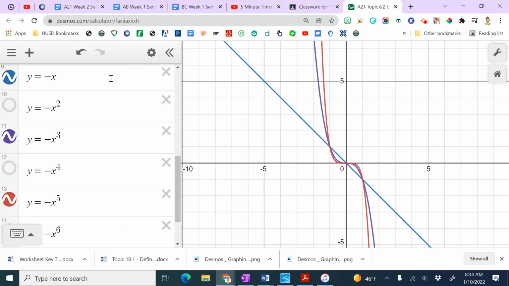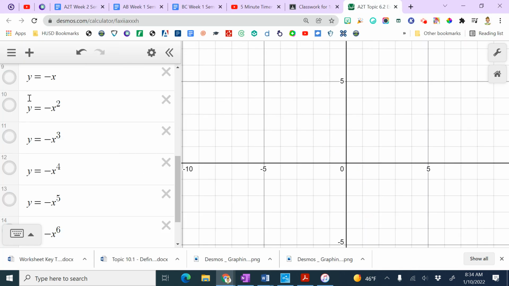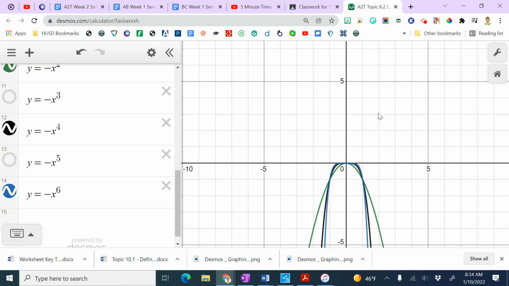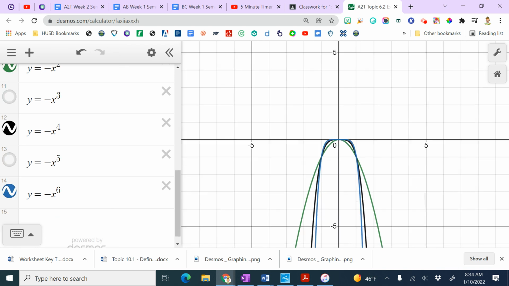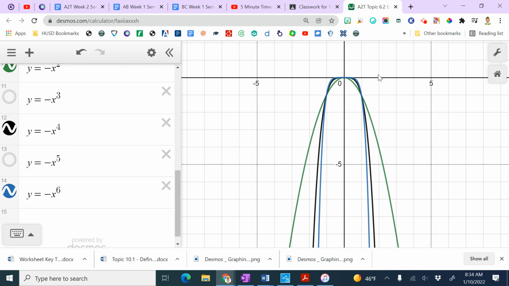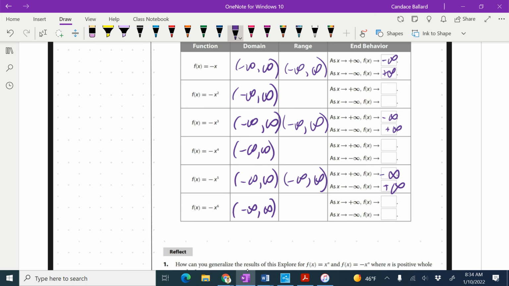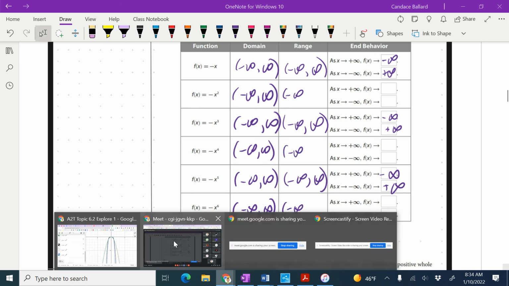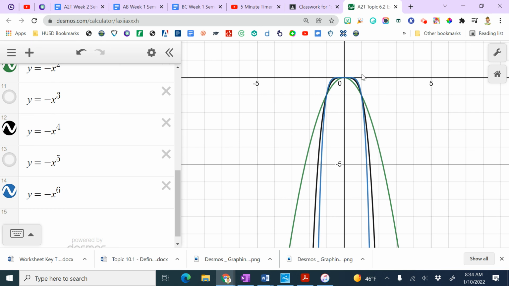I'm going to go back here and I'm going to turn these off. Okay. So with all those even ones, what's the lowest y value? Negative infinity. Nice work. So negative infinity on all of them, right? What was the highest y value on all of them?